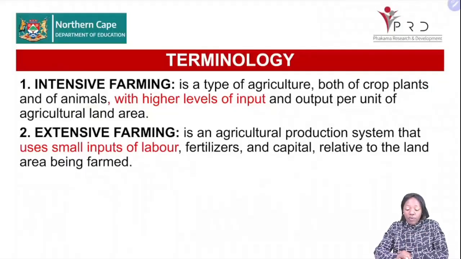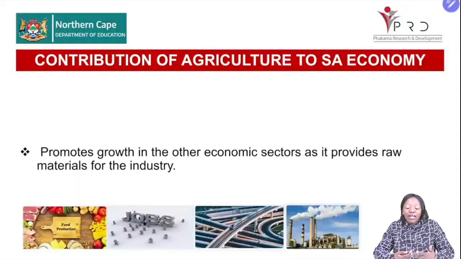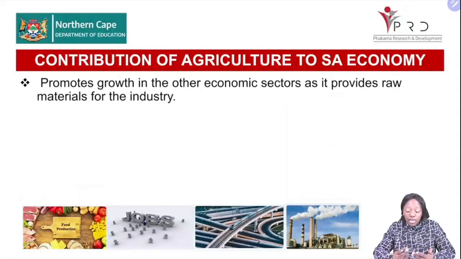Then we're looking at our contribution of agriculture to the South African economy. What does agriculture contribute in terms of the economy? So number 1, we are saying it provides the growth to the economic sector as it provides raw material to the industry. So remember we said the agriculture is the farming.